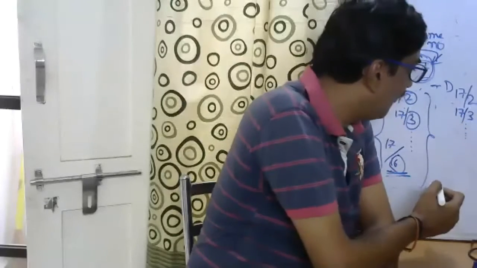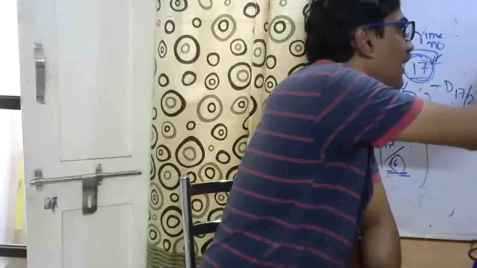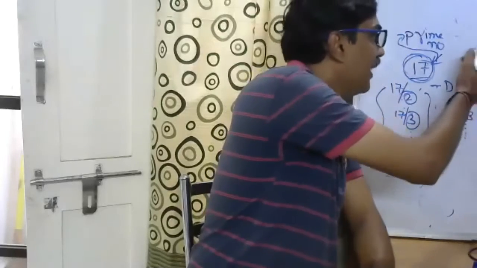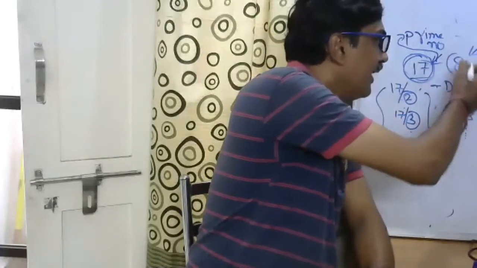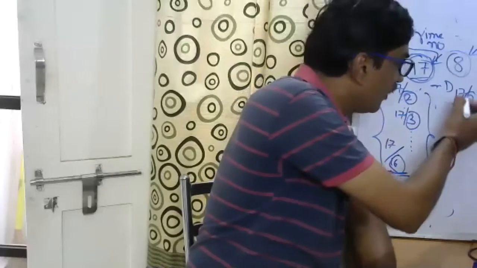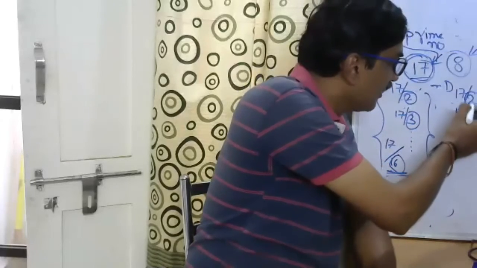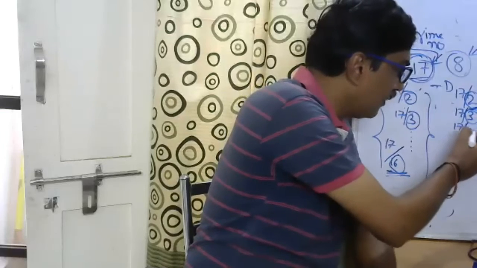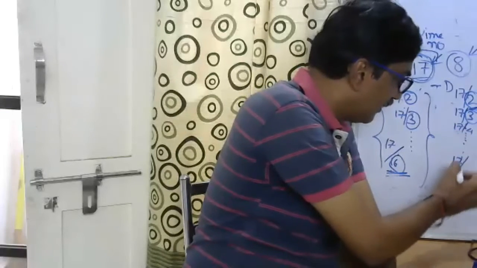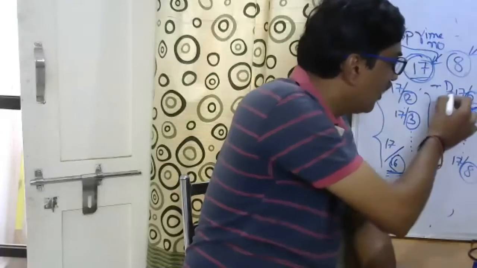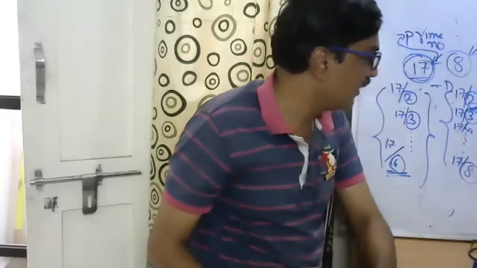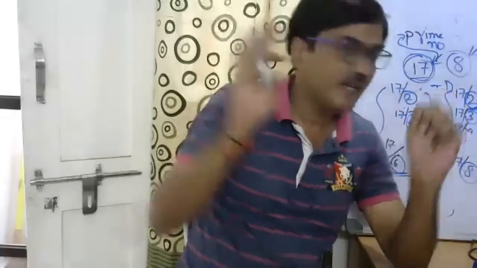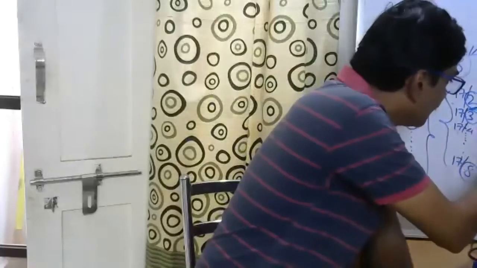They would have gone until 17 divided by 2, considering only the integer part. 17 divided by 2 is equal to 8. So they would be performing divisions starting from 2, 3, 4, and they would go only up to 8. So how many divisions are needed? 2, 3, 4, 5, 6, 7, 8. So that is 7 divisions.